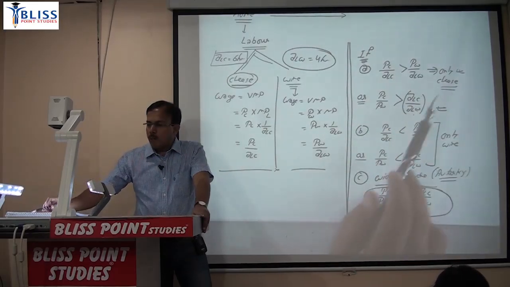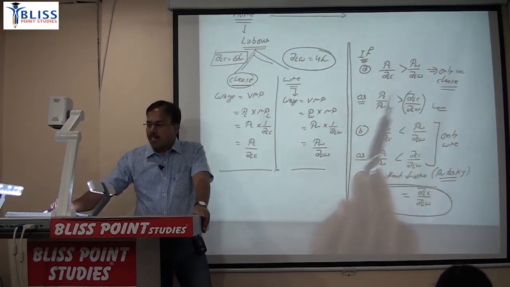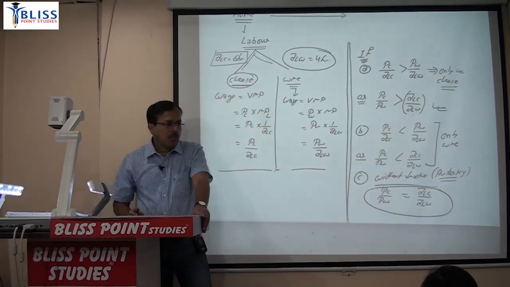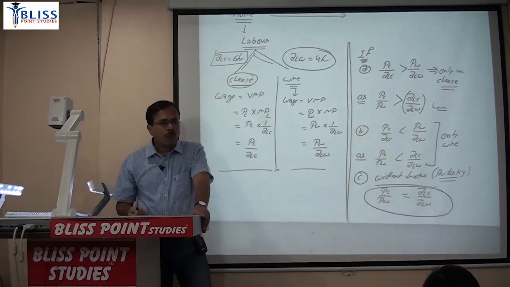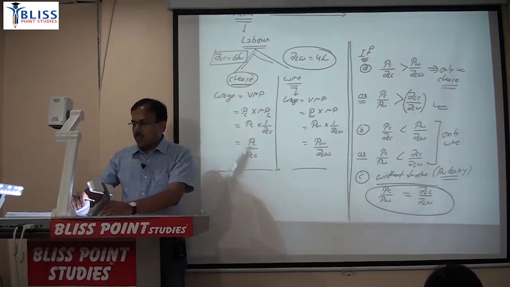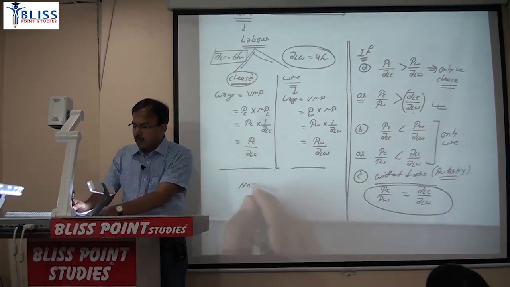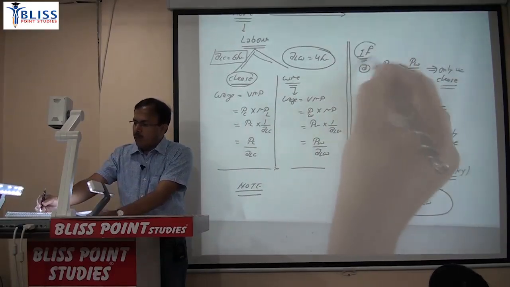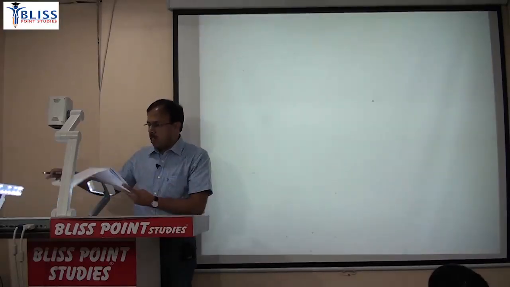So when will a country produce only cheese? If the relative price of cheese is greater than the opportunity cost of cheese, then the country will produce only cheese. So this is the condition that you basically use. Remember, what will be the actual price is a separate issue, but this condition you have to apply.